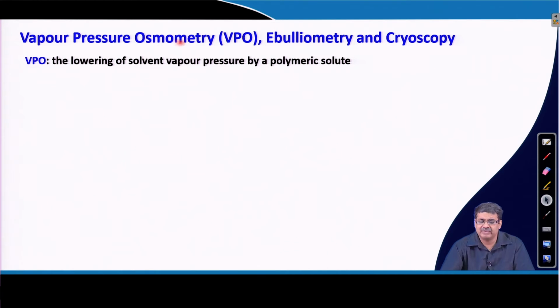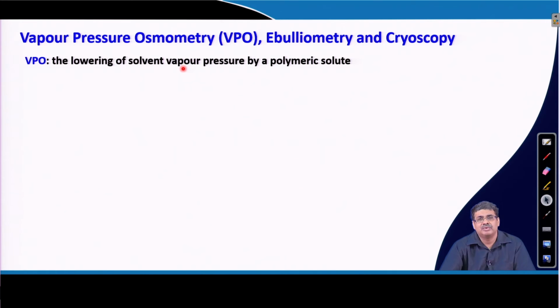Next, we will talk briefly about the other three techniques, namely vapor pressure osmometry, ebulliometry and cryoscopy. As the name suggests, vapor pressure osmometry deals with the lowering of solvent vapor pressure by a polymeric solute. Now, generally in the experiment we do not measure the vapor pressure difference.